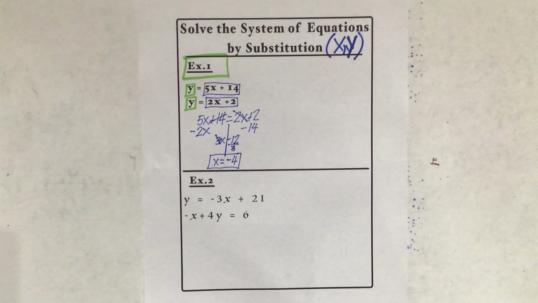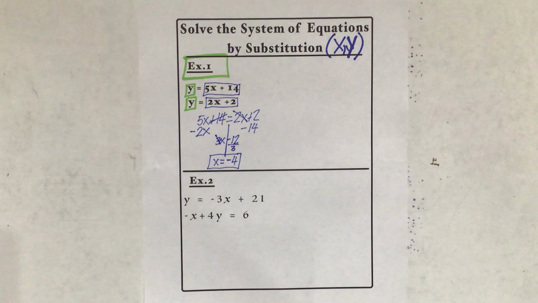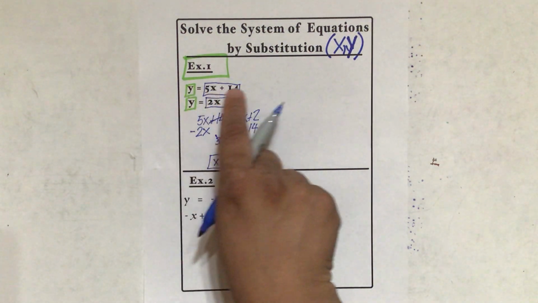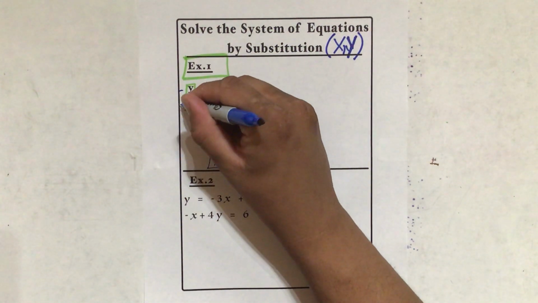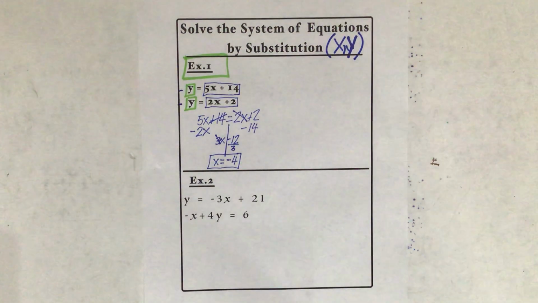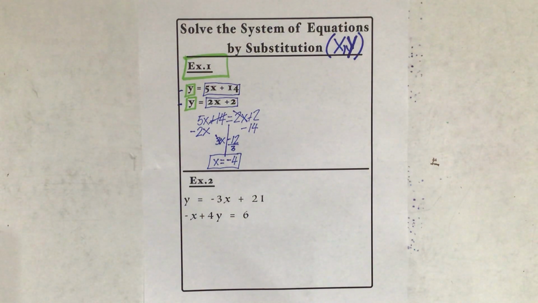And for that, we do exactly what we did in the previous lesson, where we were solving by elimination, the third step. We bring over whichever one of these two equations. This is one equation, and this is another equation. Which one of those two looks like the most simple?